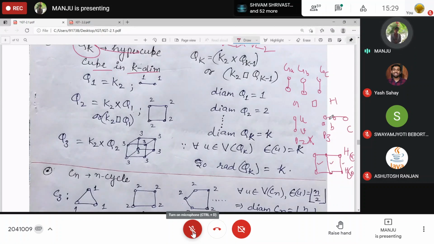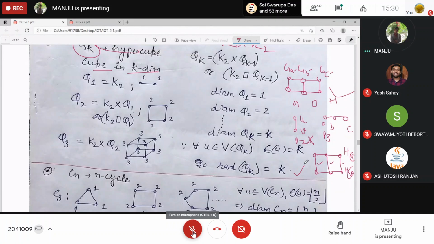They are adjacent, right? A and B are adjacent, B and C are adjacent. So the corresponding vertices will be adjacent. So this is your G cross H or H cross G. Both are the same, right? This one or this one.